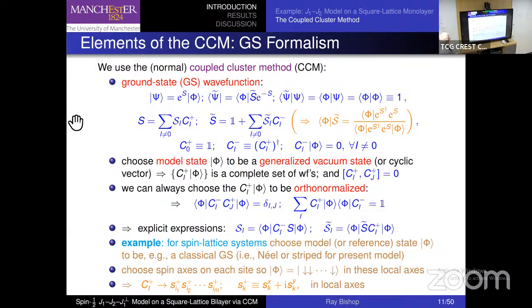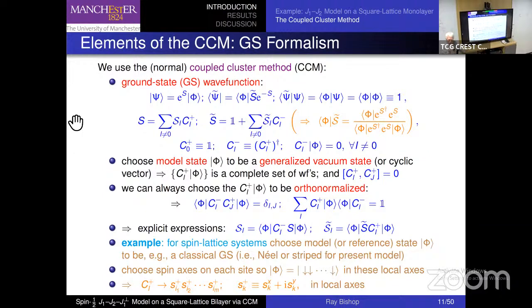What about here? What I would like to do is to have one or other of these classical states, the Néel state or the striped antiferromagnet, as my model state. And I say I can do that. What we want to do is make a universal program that can be applied to all of these problems, and I don't want to write a different program for every model state.